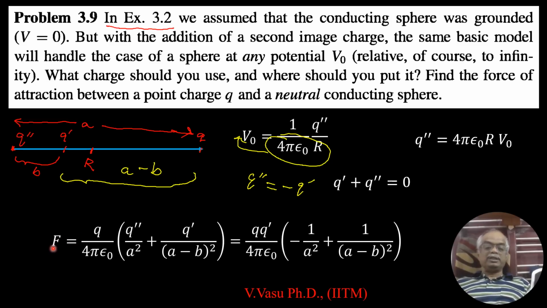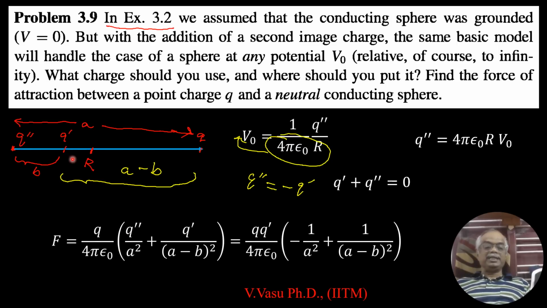The force between the charge q and q prime is q divided by 4 pi epsilon naught, times q double prime divided by a squared, because the distance between q and q double prime is a.